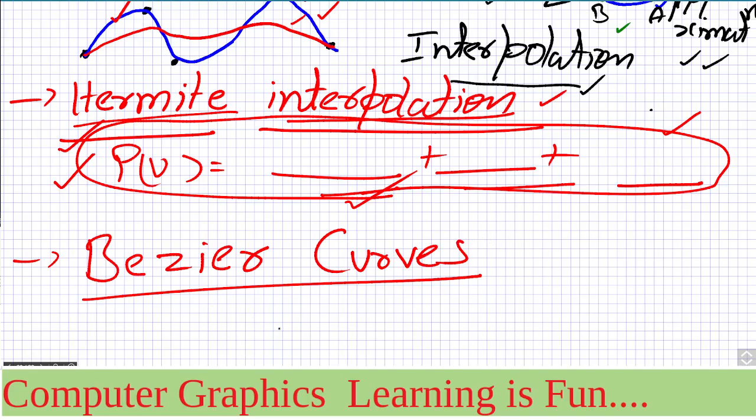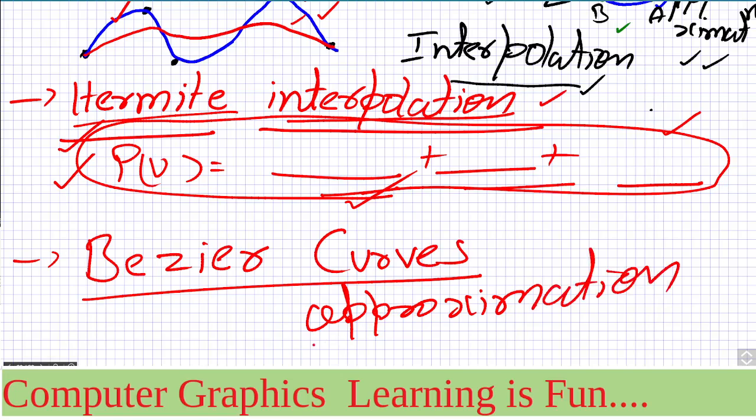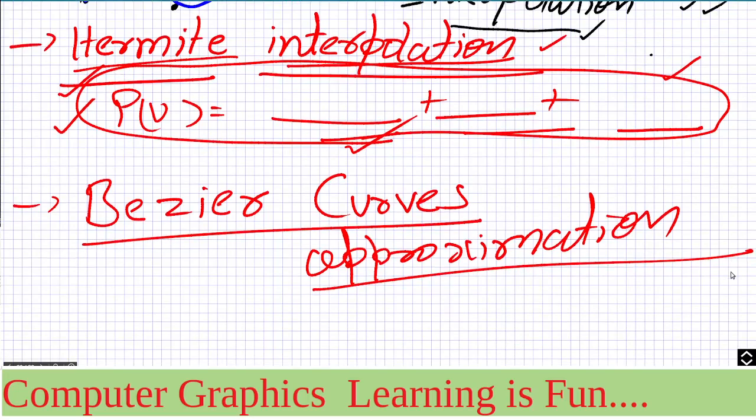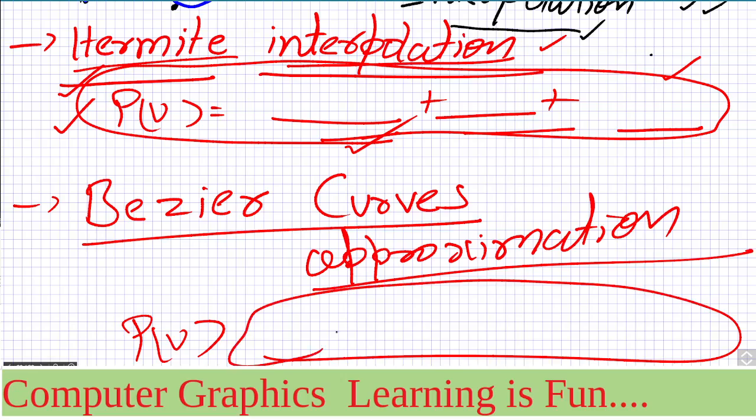These are actually approximations. Here also you will have an equation, whatever they say, pu is equal to something. You have to use this equation only, and apply it on the points, and you will get an approximation.